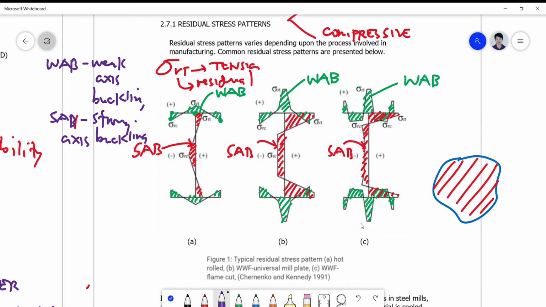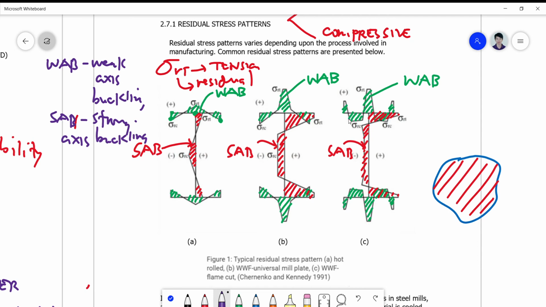Okay, so the procedures are actually different, such that the more or less standard pattern for the residual stress are given here. And you will notice that the residual stresses are more controlled when you are using a hot rolled manufacturing process, rather than this welded manufacturing process.